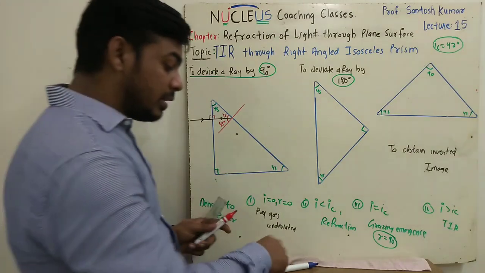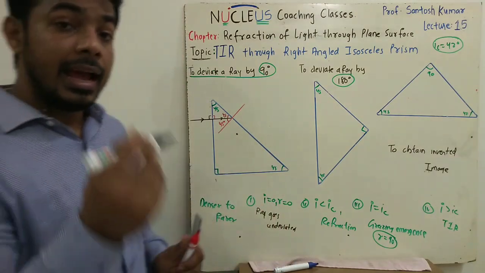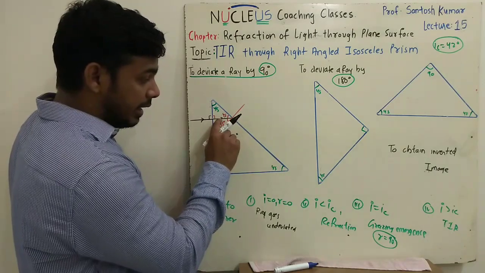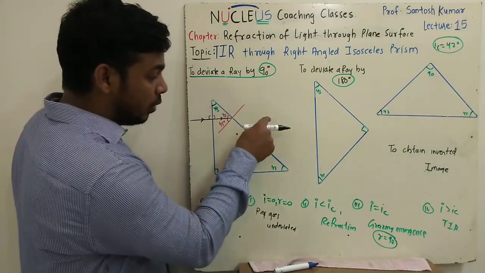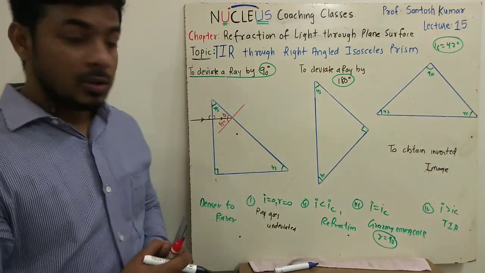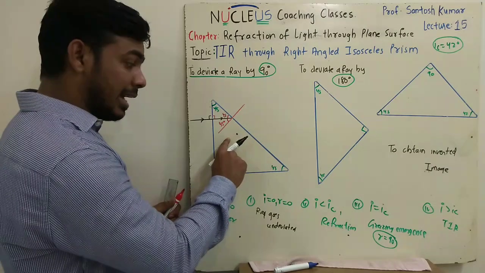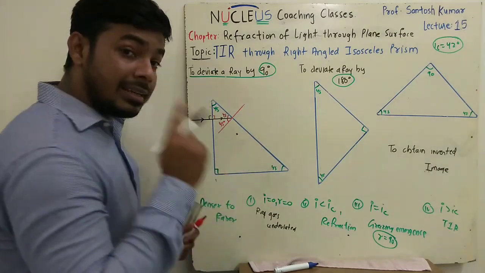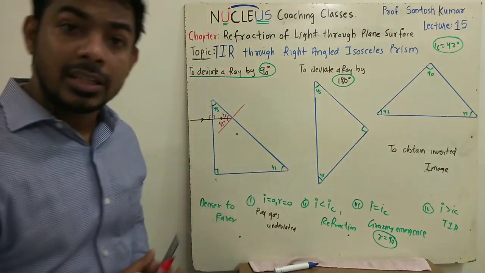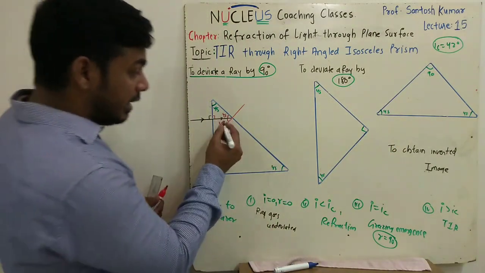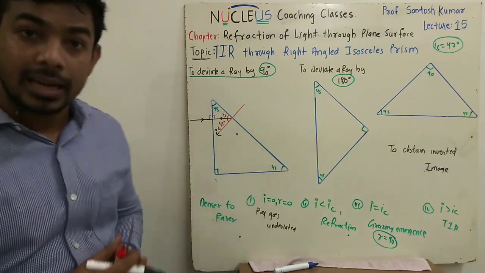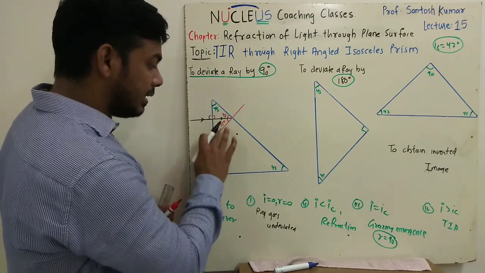Now remember, angle of incidence is the angle made by the incident ray with respect to the normal. Here this ray was going from glass to air at an angle greater than 45. For glass the critical angle is 42 degrees, so definitely this angle is more than the critical angle.